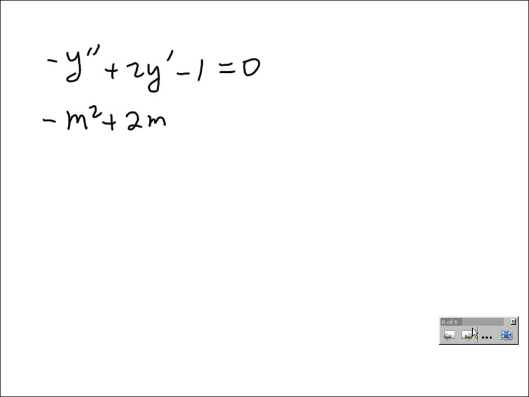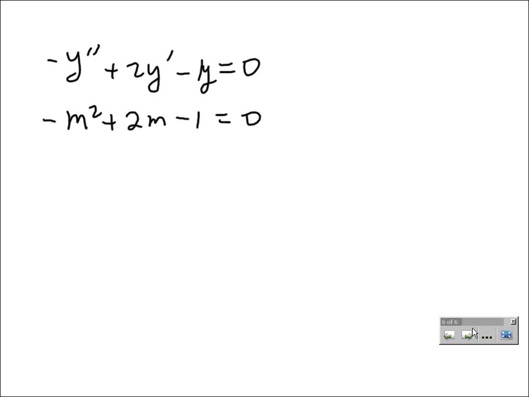Okay, let's try another problem. Suppose you have negative y double prime plus 2y prime minus y is 0. So our auxiliary equation will be negative m squared plus 2m minus 1 is 0.